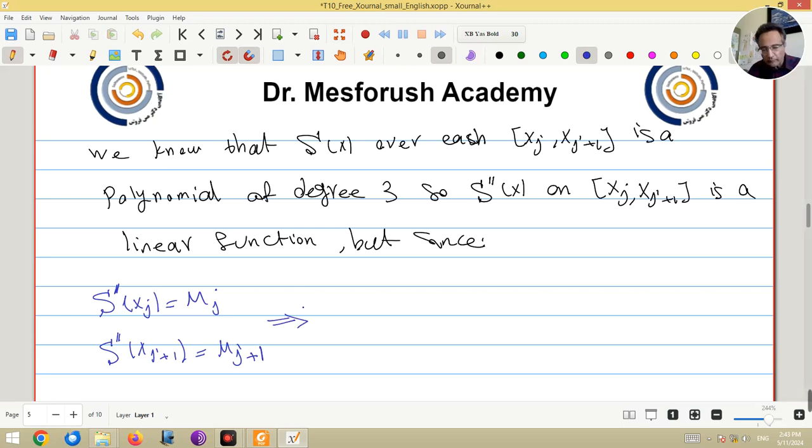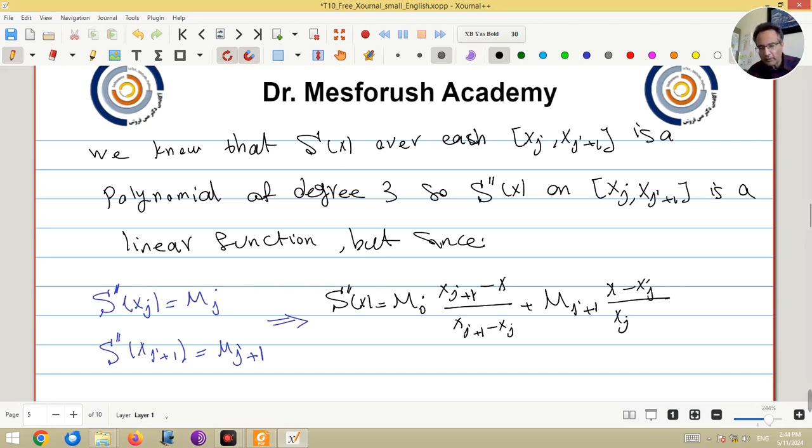From these two conditions you can find that s double prime of x should be equal to mj times (xj plus 1 minus x) over (xj plus 1 minus xj) plus mj plus 1 times (x minus xj) over (xj plus 1 minus xj), right?